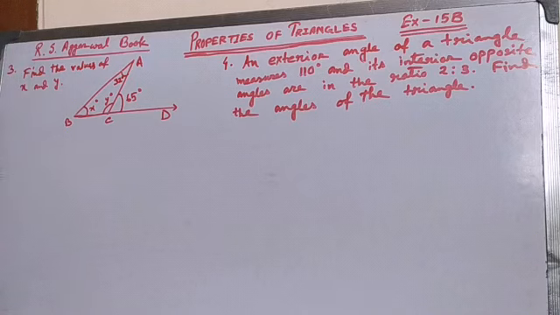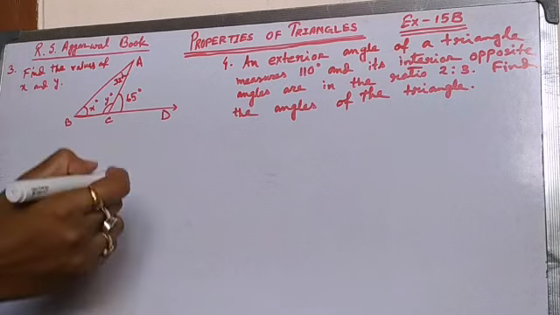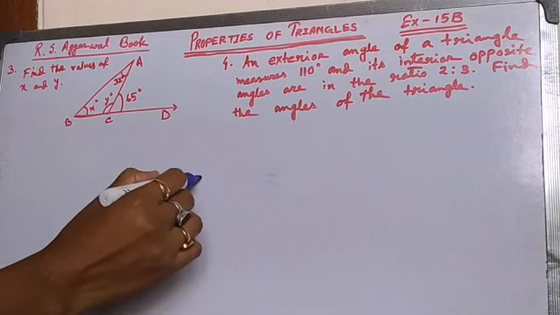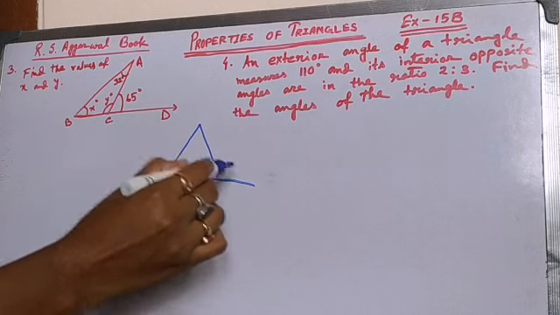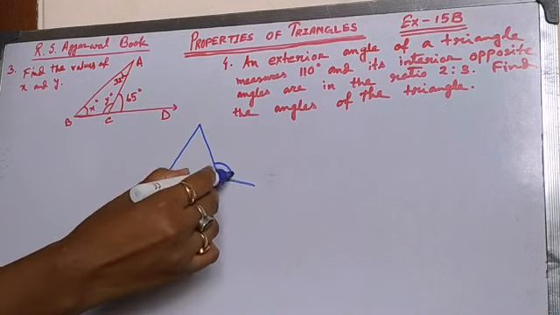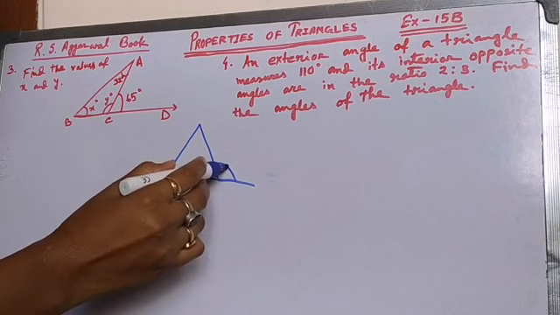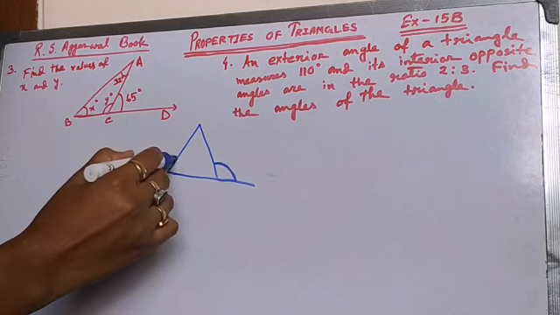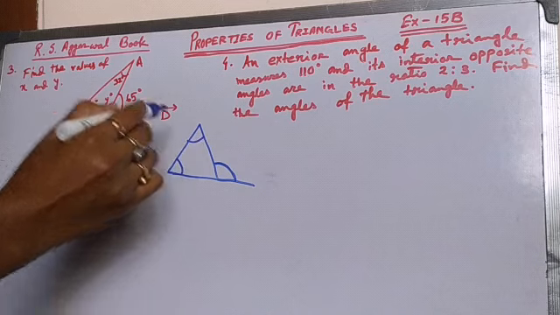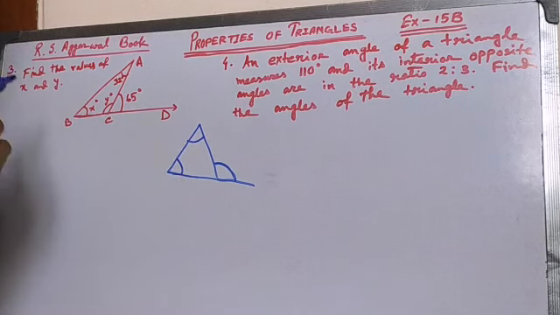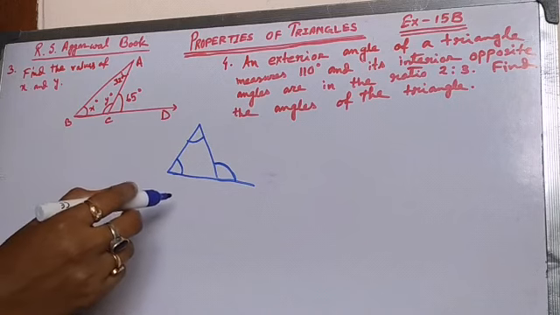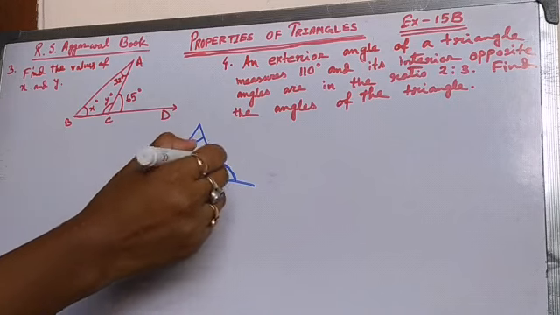Here, the property used is: in a triangle, the exterior angle is equal to the sum of the two interior opposite angles. This property will be used here for each and every sum.